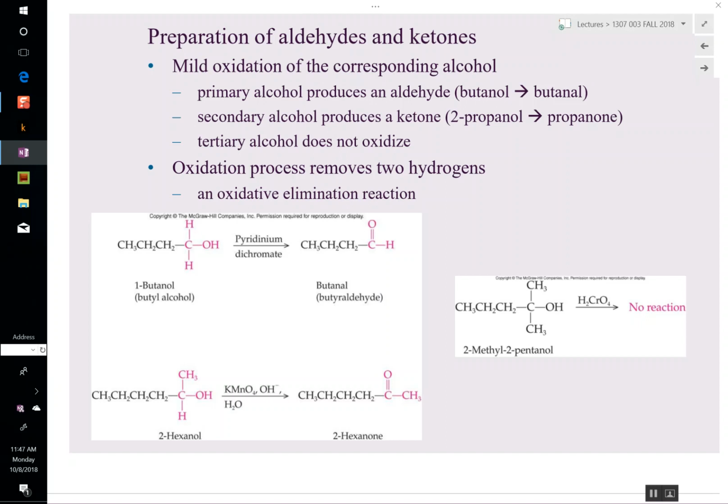Well, oxidize a primary alcohol. Primary alcohol will oxidize to an aldehyde. We learned this in chapter 12 of the reactions of alcohols. So you can take 1-butanol and make butanal or butylaldehyde.